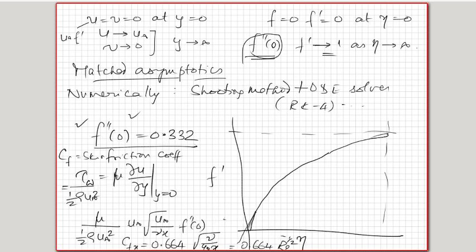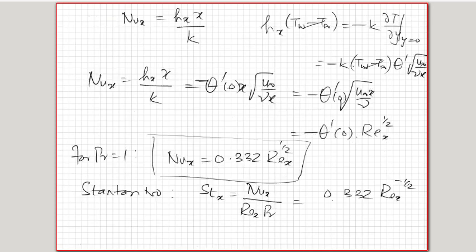So 0.332 into Re x to the power of minus half is nothing but C f by 2. Okay, so that's basically what I wanted to show you. So in Reynolds analogy, you will get this is equal to C f by 2. So St x is equal to C f by 2 for Prandtl number equal to 1 is called the Reynolds analogy.